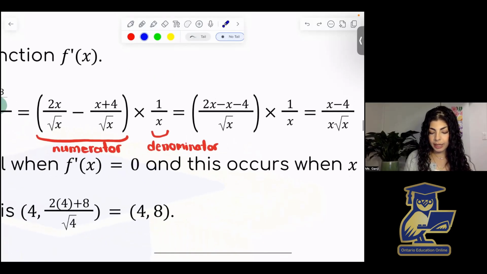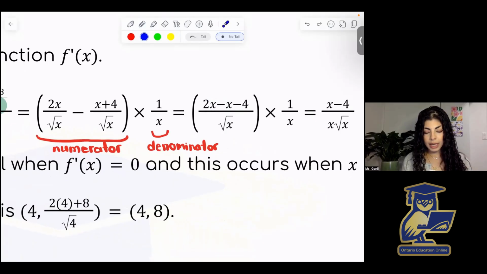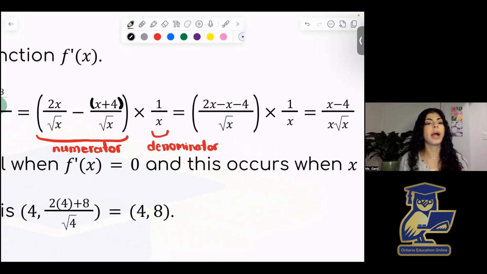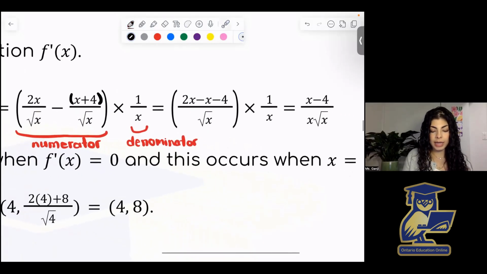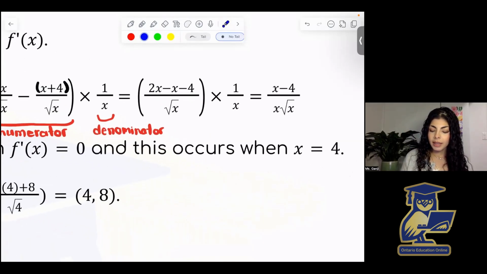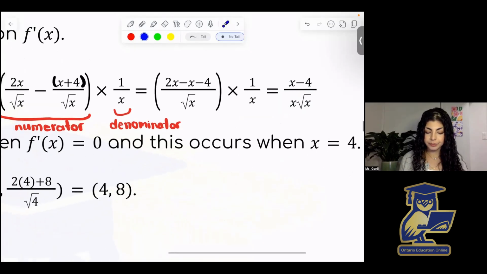And now in my numerator, I have 2x minus x minus 4. Keep in mind, this negative is for both of these, so think of it as a bracket there. We know the negative is for this whole fraction, so the negative has to be distributed. Then you will be left with x minus 4 over square root of x, and then I bring back that denominator here, and I have the x there.